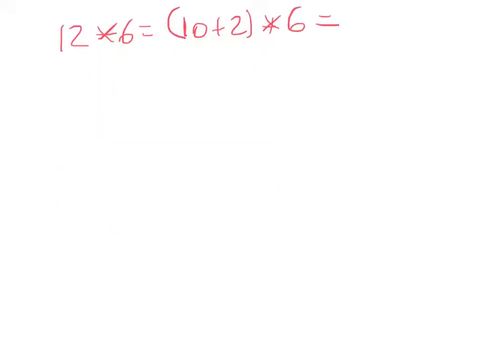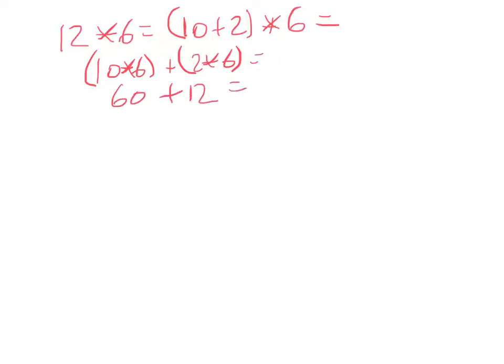So we have 12 times 6, and that's equal to 10 times 6 plus 2 times 6, which equals 60 plus 12, and you can split that up if you want into 60 plus 10, which is 70 plus 2. So 70 plus 2 equals 72.